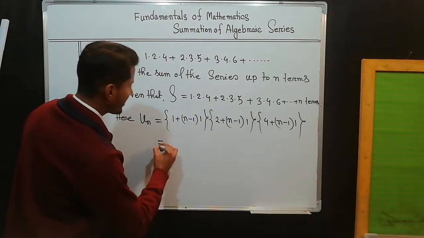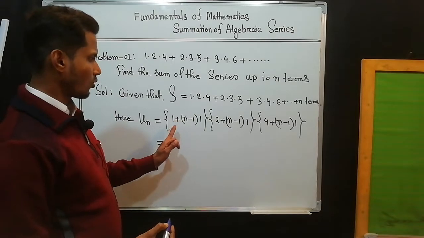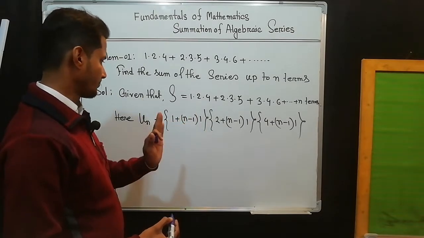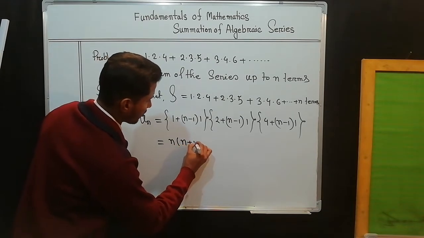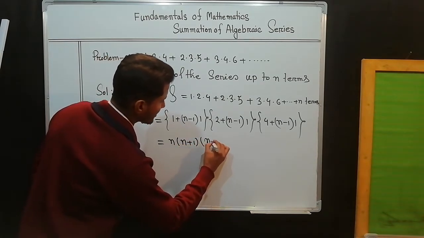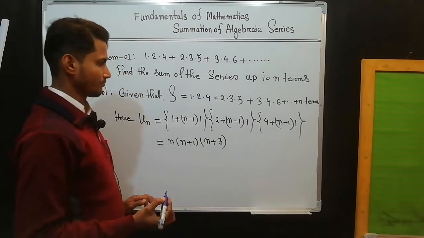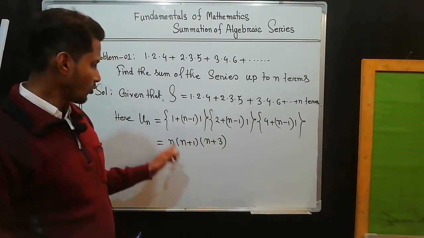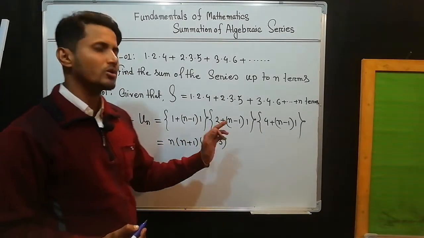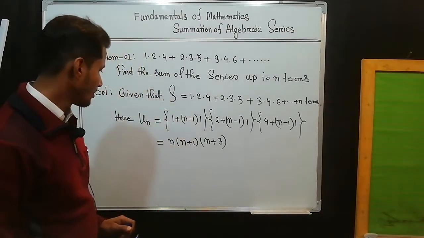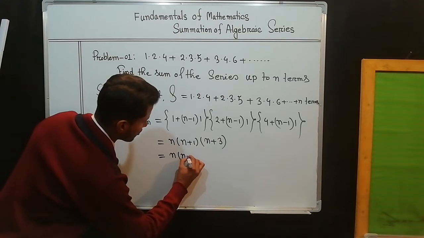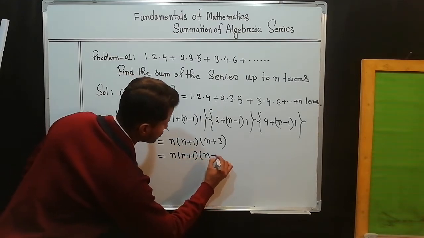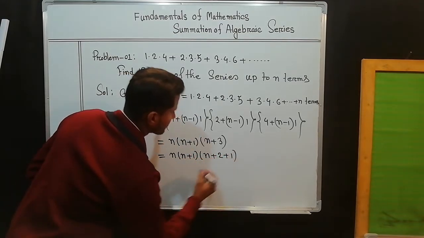So we write it as n into (n plus 1) into (n plus 3). Doing the sum, we find n into (n plus 1) into (n plus 3), and evaluate this line: n into (n plus 1) into (n plus 2 plus 1).